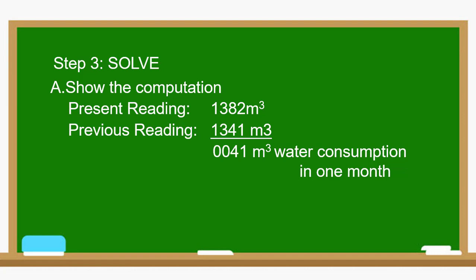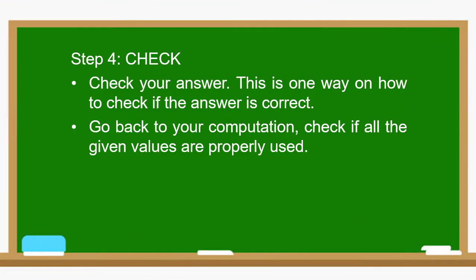Present reading, previous reading, subtract it. The answer is 41 meter cube water consumption in 1 month. Step 4. Check. Check your answer. This is one way on how to check if the answer is correct. Go back to your computation. Check if all the given values are properly used.